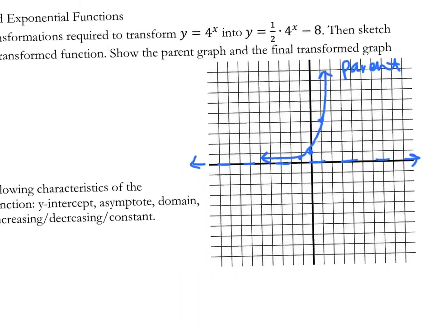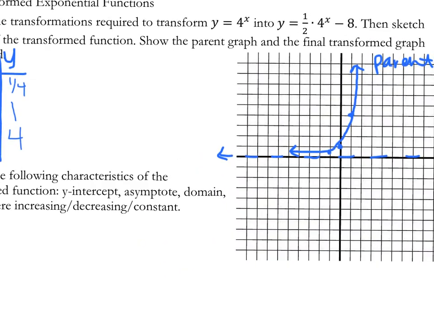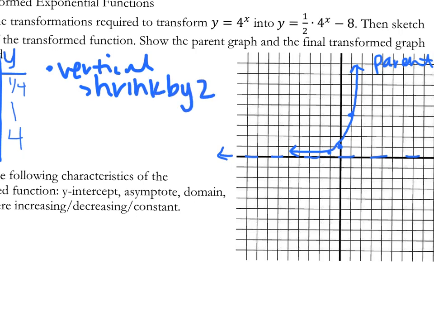So the next thing that we want to do is think about what transformations we have. We see we have 2 different transformations here. This 1/2 gives us a vertical shrink by 2. And then the -8 is going to give us a shift down by 8. So let's do those transformations.